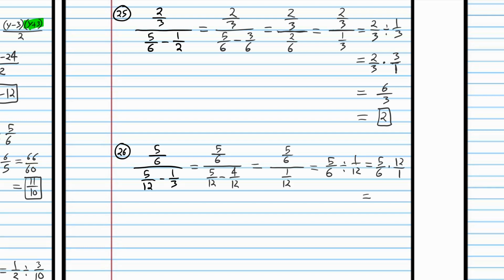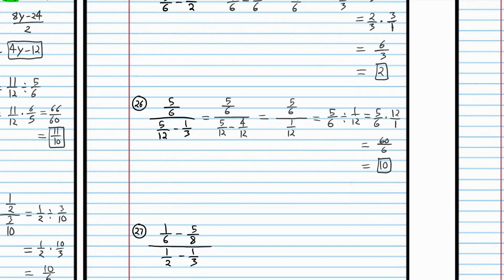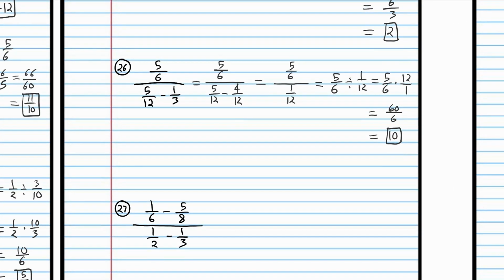Multiply straight across. 5 times 12 is 60. 6 times 1 is 6. Divide both sides of this fraction, or you can also just consider the fraction sign to be division. 60 divided by 6 is 10. There's a lot of different ways to think about this. So if you got 10, good job.